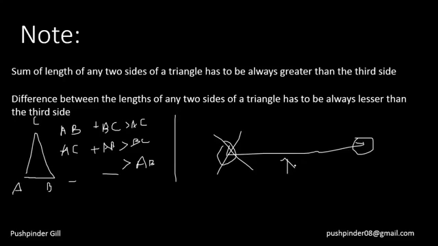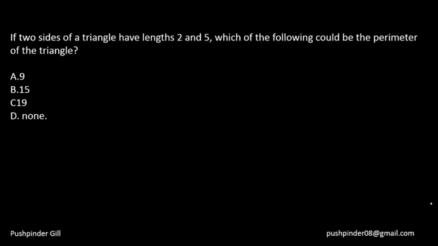So whenever you get a question like how many possible triangles can I make, make sure you use this property, that the sum of two sides is always greater than the third side. Similarly, take this question from the GMAT prep. If two sides of a triangle have lengths 2 and 5, which of the following could be the perimeter of the triangle?